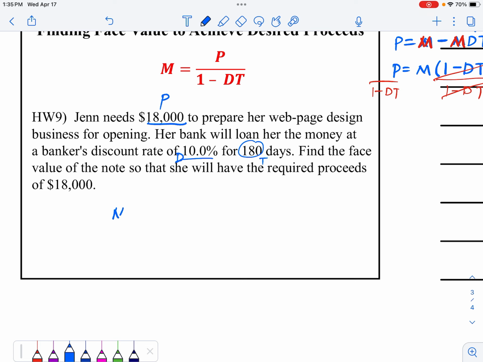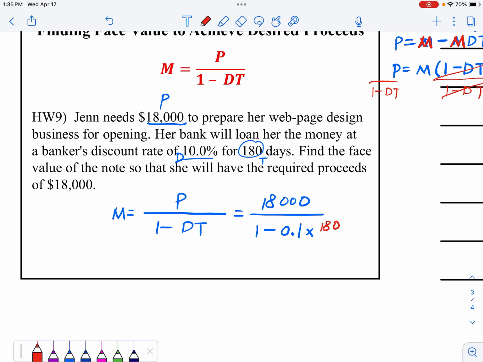So therefore, the maturity value is going to be P over 1 minus dt. The proceeds is 18,000. 1 minus the discount rate, 0.1, 10%, times the time. If you use 180, you are wrong. Hopefully you can quickly determine what you have to do.